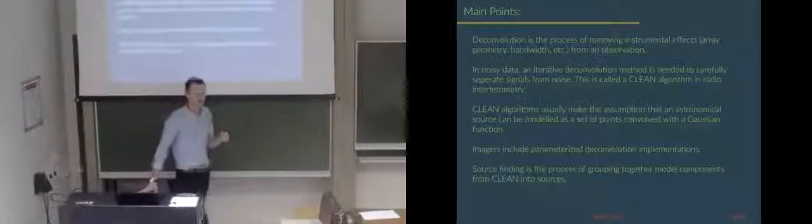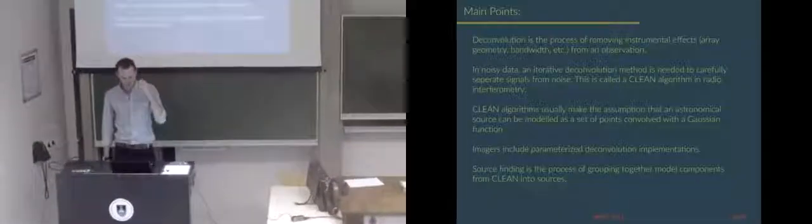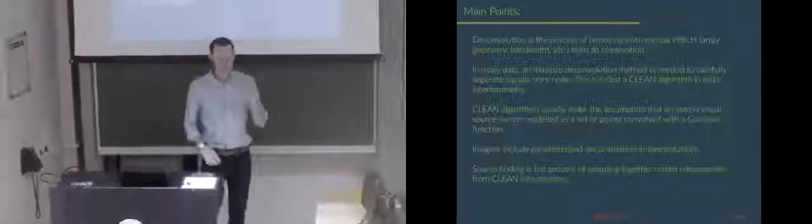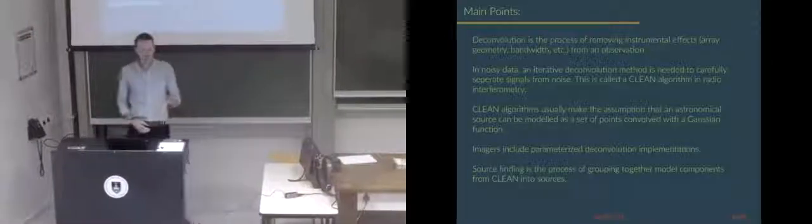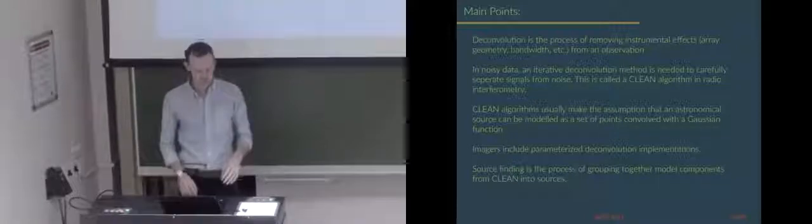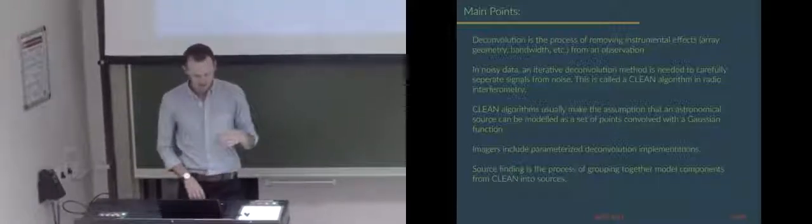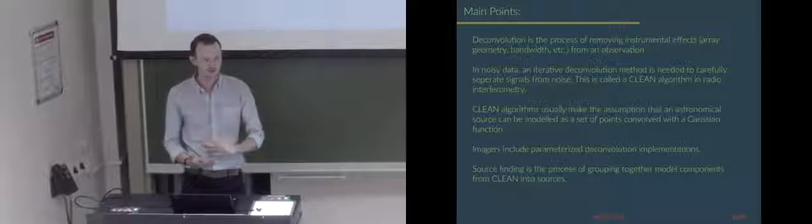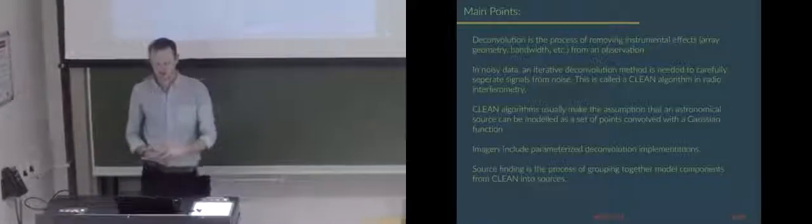Okay, last two slides. My main points. Deconvolution is the process of removing instrumental effects from the signal. We have this imperfect instrument which adds noise and artifacts. We want to get to some sky signal, and that's all that deconvolution is trying to do. In our case, deconvolution is an iterative process to remove the signal from the noise and to take into account these effects.